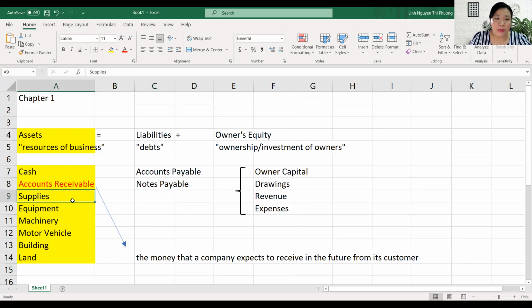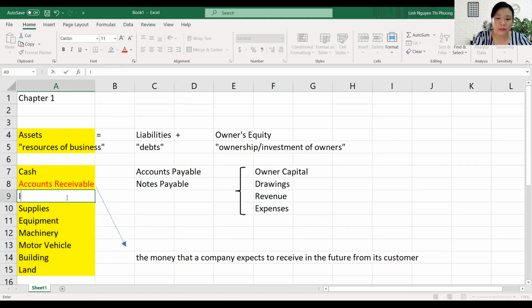Oh, I forgot one more thing we have, which is the inventory. Okay, inventory is also an asset. So inventory means those things that you buy from other companies or you produce by yourself and you sell to the customer. So it should be on the shelf. Okay, so we call it inventory.